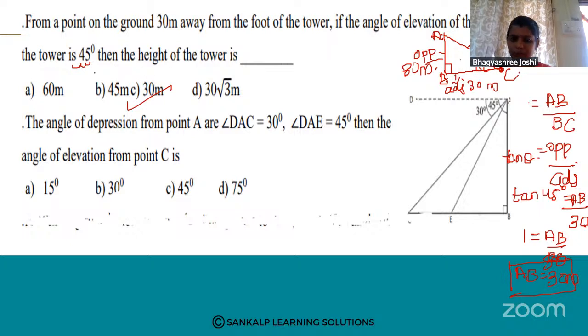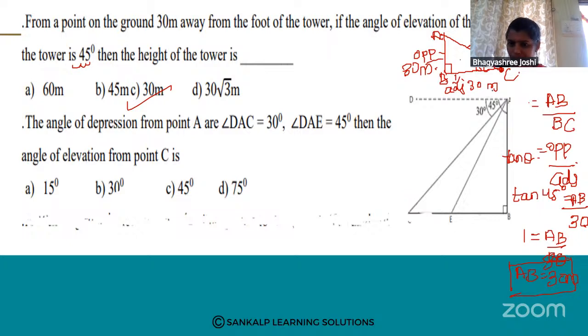Have you understood? The angle of depression from the point A, angle DAC is equal to 30 degree and angle DAE is equal to 45 degree. Then find the angle of elevation from the point C. The diagram is there.